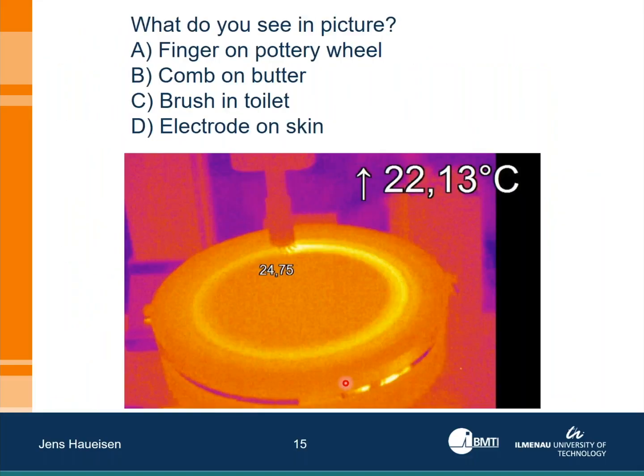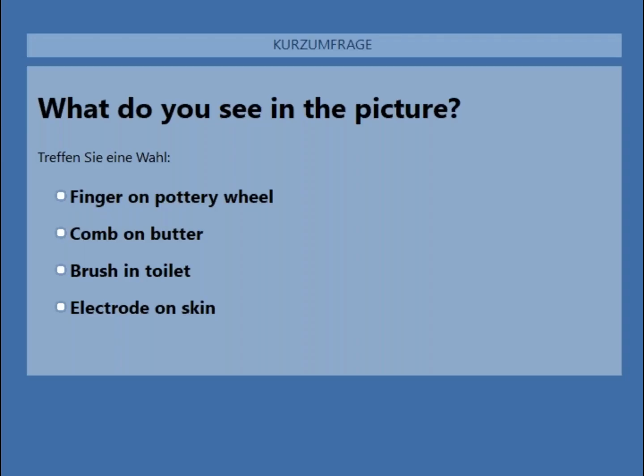With this, I would like to turn to another poll, because the organizers also asked me to come up with some funny questions. So here's a funny question. What do you see in this picture? The first thing is these are like fingers here in the middle, right? So is it fingers on a pottery wheel?